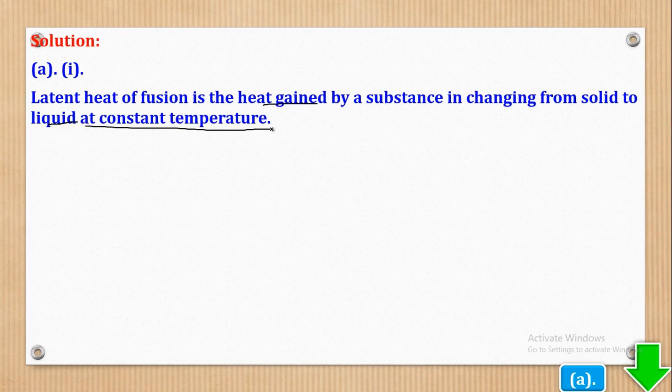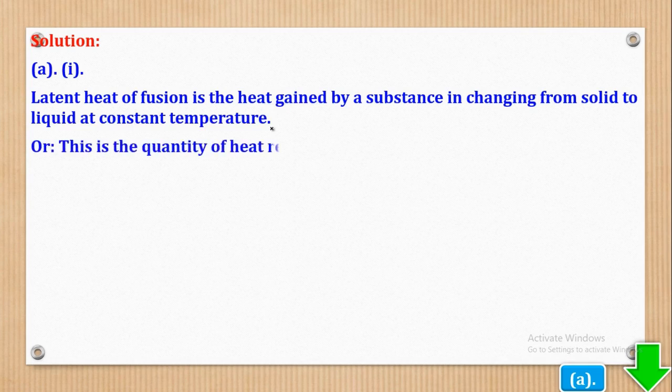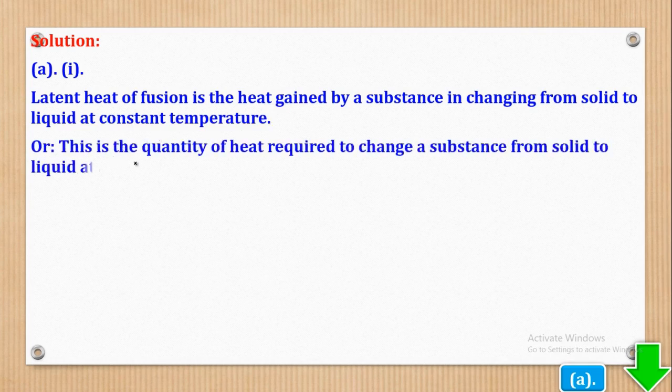So as long as you see the word latent heat, just know that temperature has to be constant. Alternatively, it is also the quantity of heat required to change the substance from solid to liquid at constant temperature. So what has changed is this word heat gained and heat required, but both are the same, both are correct. So now we shall go to Roman 2.